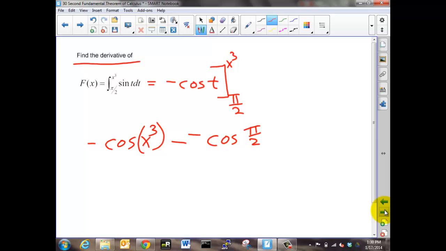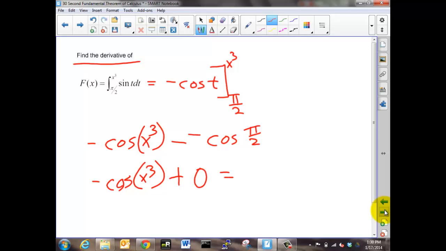Agreed? Can I simplify that any? Minus cosine of x cubed, minus negative, make that plus, cosine of pi over 2, which is 0.